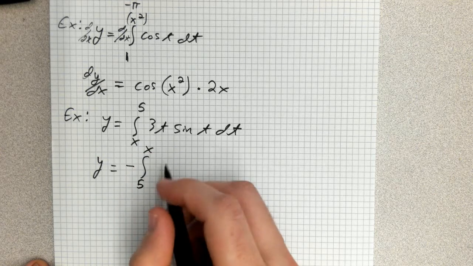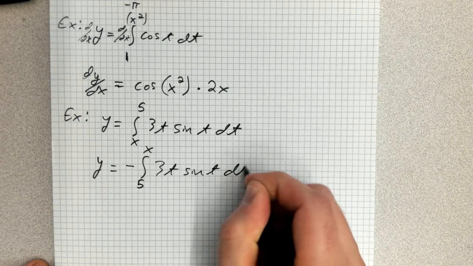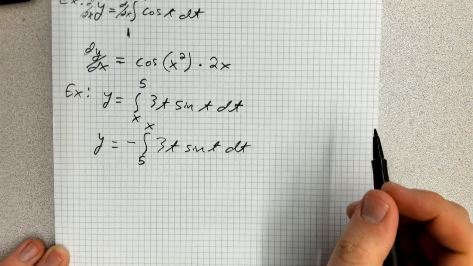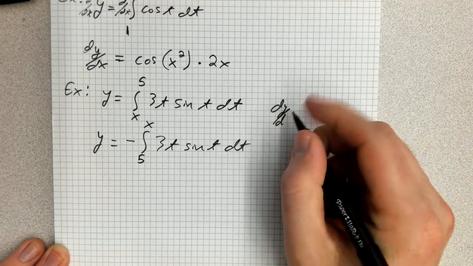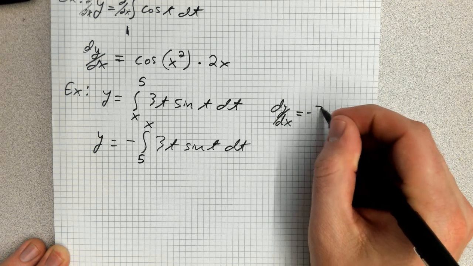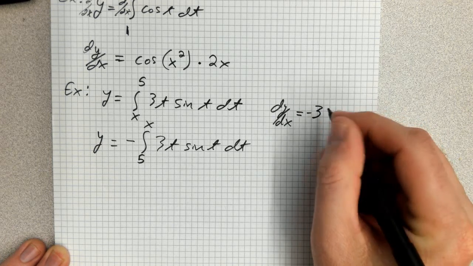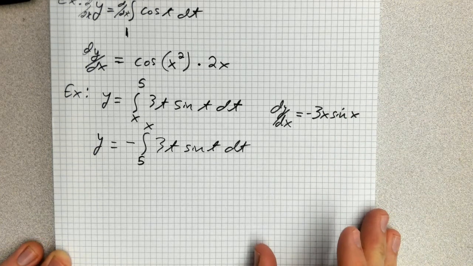Notice we put the constant in the denominator, 3t sine t dt. Okay. So then if I want dy dx, let's write it to the side here. Dy dx will be equal to negative 3x sine of x. Okay?